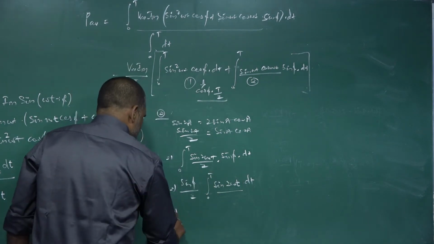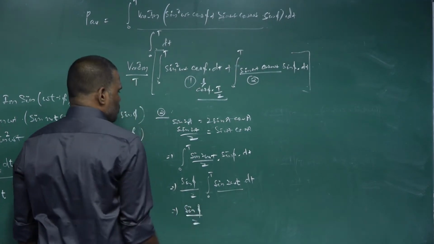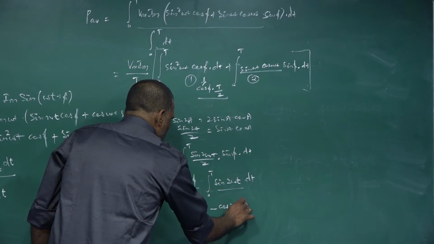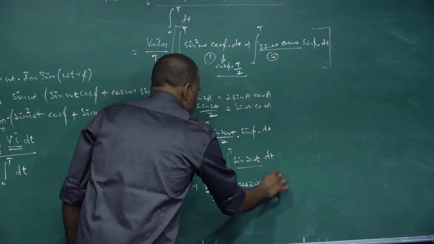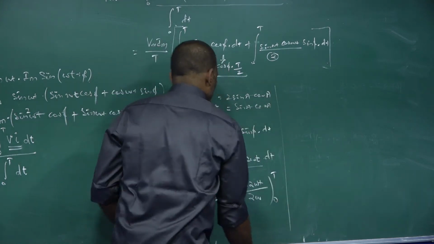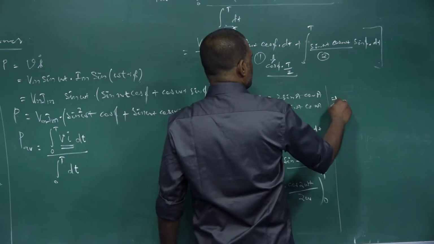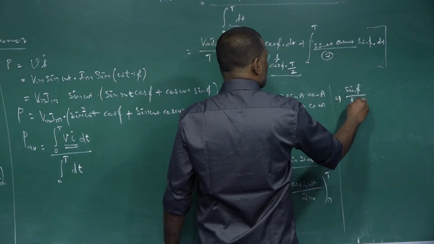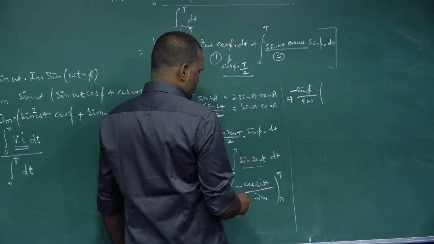So I can write this integration in this form: sin phi divided by 2, integral of sin 2 omega t is minus of cos 2 omega t divided by 2 omega, between the limits 0 to capital T. Take this 2 omega out. So for simplification, I can write sin phi divided by 2 into 2, that is 4 omega. Minus is there, so I can take the minus sign out.